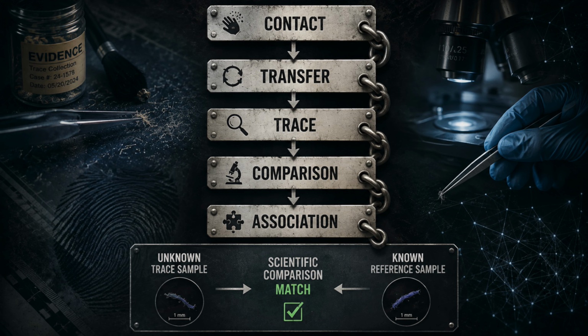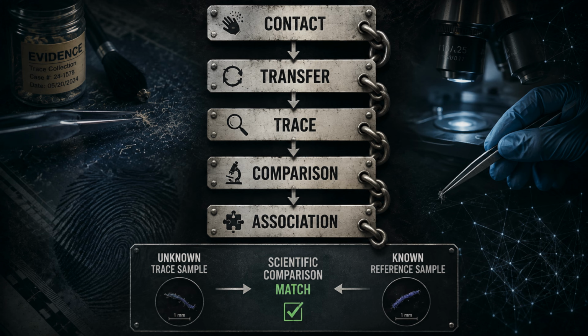Point 5. Examples of trace evidence include fibers, hair, glass, paint, plastics, soil, botanical material, wood fragments, cosmetics, and other transferred materials. Point 6. Trace evidence can help establish associations between people, objects, and environment. Point 7. Trace evidence does not automatically mean individual identification.